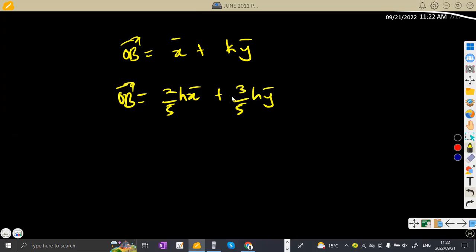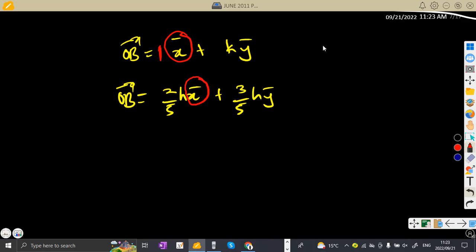Now we want to solve for h and k. Remember I told you that you're supposed to equate equal vectors. Here we've got a vector x. What is the coefficient of vector x? There's a 1 here. So you're going to equate this to the scalar of vector x here, which is 2 over 5h.